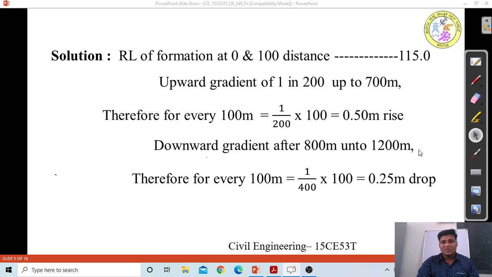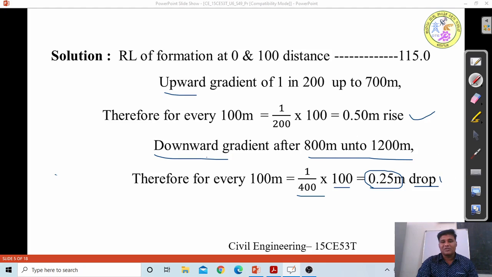So for the downward gradient from 800 to 1200, 1 by 400 into 100 is 0.25 meters. Since it is a downward gradient, it is called a drop. Upward gradient is a rise and downward gradient is a drop.